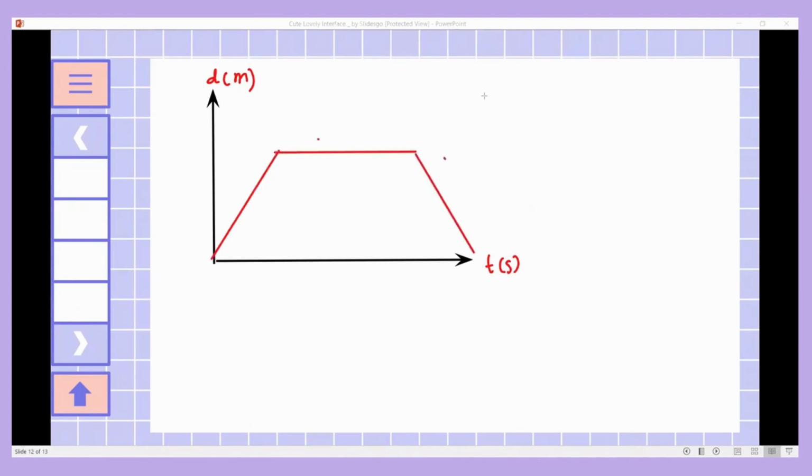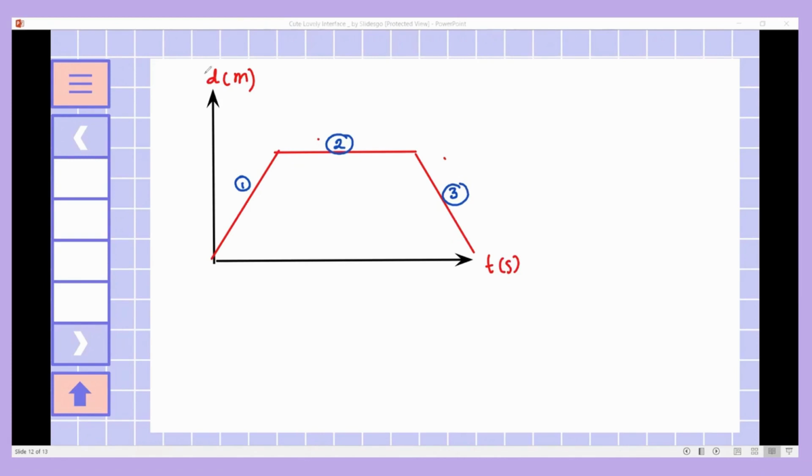So what can I tell about the first region? The object is having a uniform gradient, so the object is moving with a uniform velocity. At the second phase, the object is not moving. And in the third phase, the object is moving with a uniform velocity but in the opposite direction.